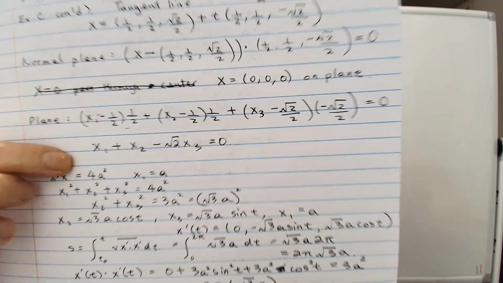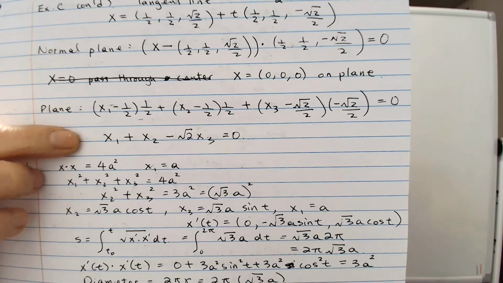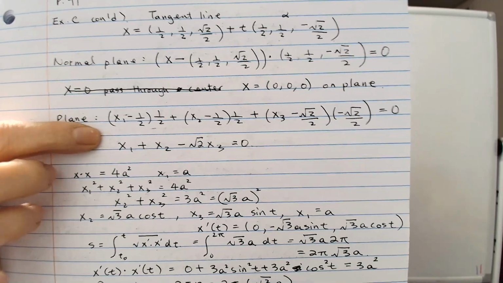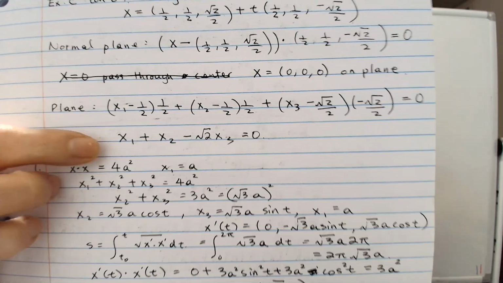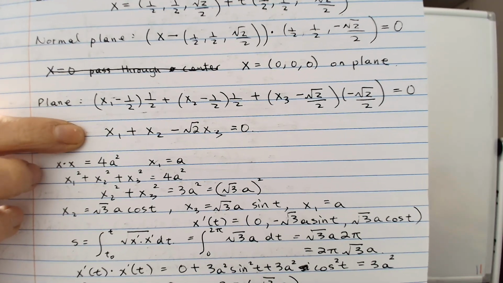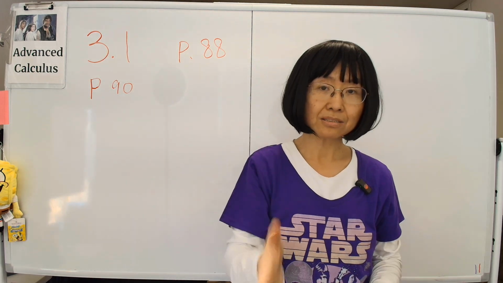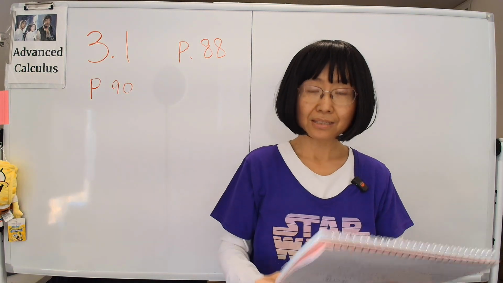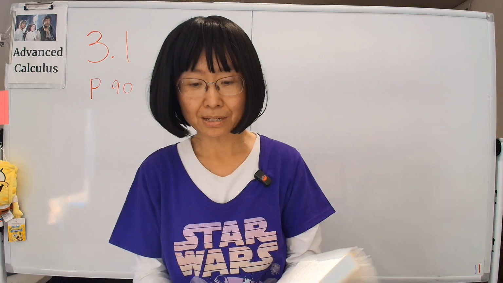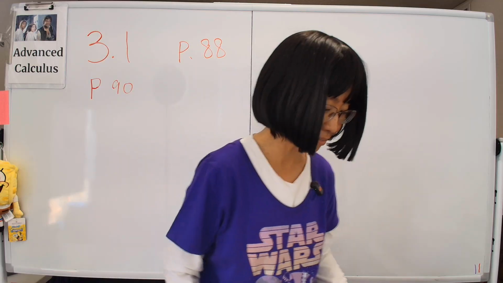When you take the dot product and write it out, it becomes a bunch of numbers and you end up with this. You also notice that the origin happens to be on this plane. That's because anything that's normal to the circle will cut right through the center of the circle, as is proved in elementary geometry. With that, we have come to the end of this section.